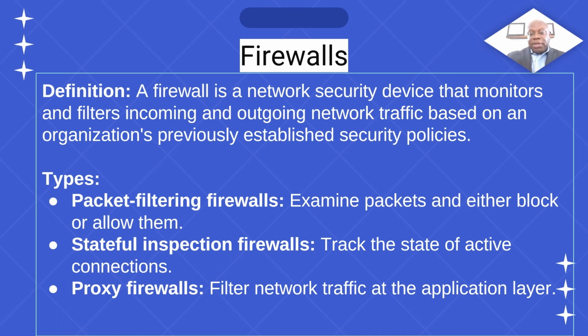Now, there's different types of how that happens. You have packet filtering firewalls, you have stateful inspection firewalls, and you have proxy firewalls. Again, because this is more of a light touch from a definition perspective, just be aware that a packet filtering firewall is just going to examine packets, and either block them or allow them.